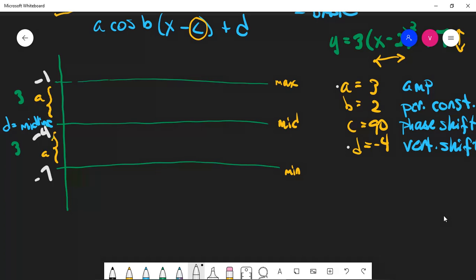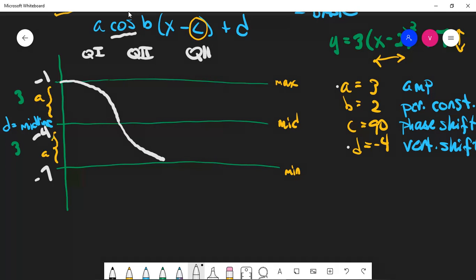All right, the next thing that I want to do is graph the cosine. You have a cosine wave, that's what it tells you, it's a cosine function. So quadrant 1 of a cosine starts at a max and it goes to 0. Quadrant 2 of a cosine starts at 0 and it goes to minimum.